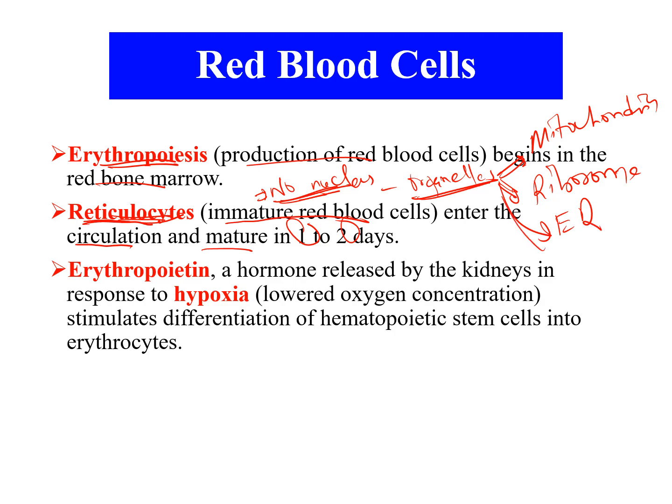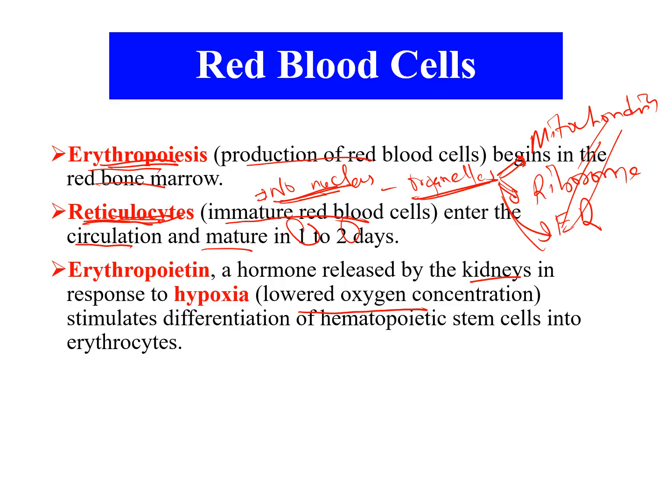So after 1 to 2 days, that's when these organelles are also removed, and then it becomes a mature red blood cell. This process of erythropoiesis is under regulation of a hormone that is released by the kidneys in response to low oxygen concentration going to the tissues.